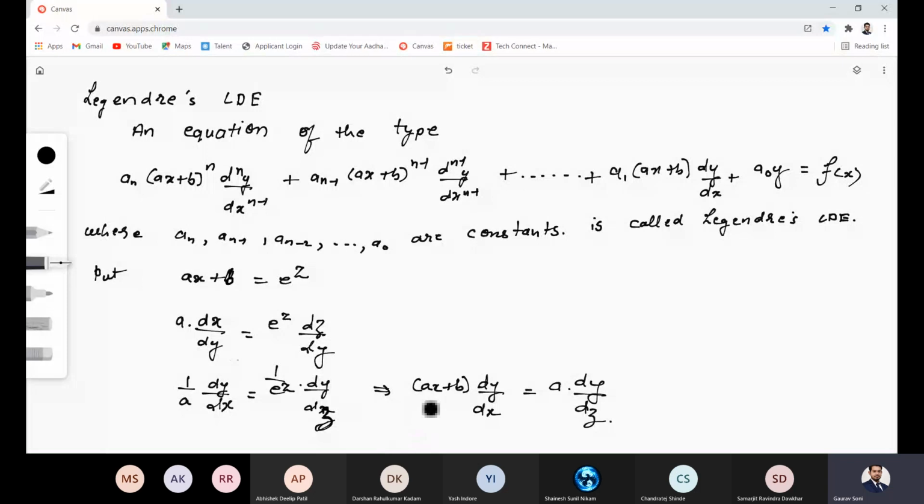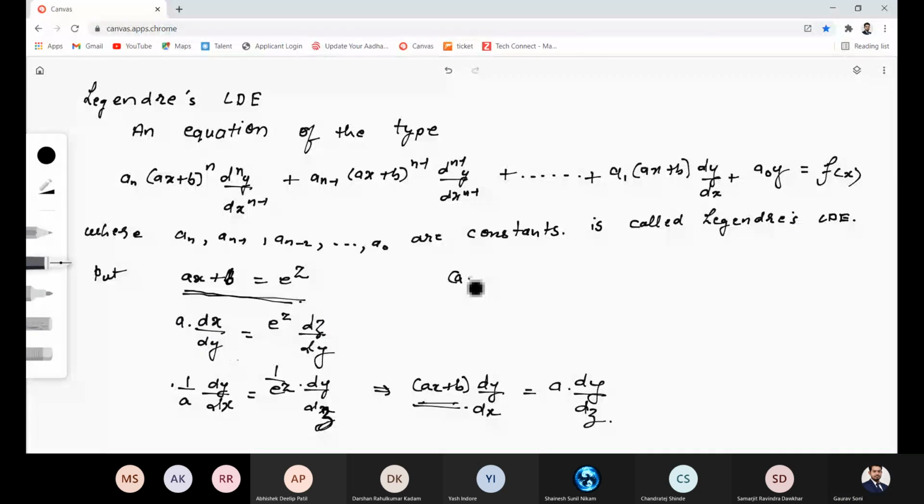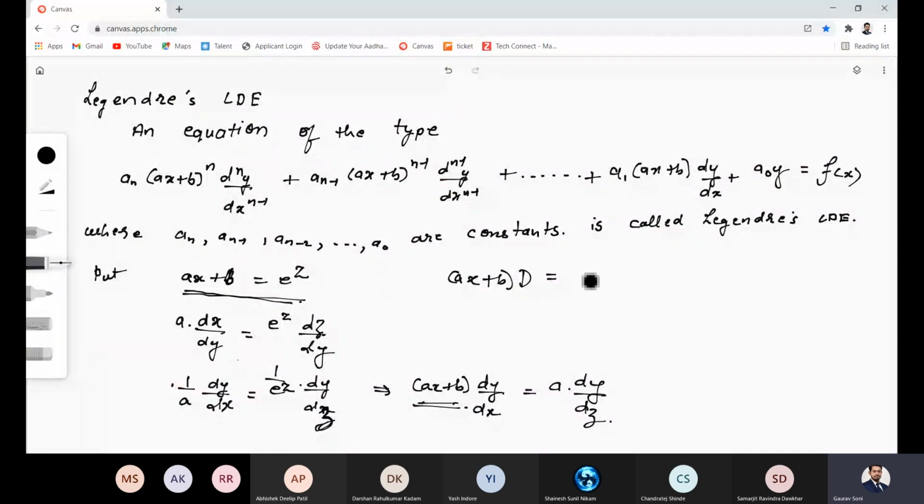I hope this is clear. ax plus b, so e to the power z goes on the other side, and I have resubstituted the value of e raised to z. So in this case, (ax plus b) into D is replaced by simply a into D. Am I clear, or is there any doubt? So in Legendre, this a will create a problem. Again, a point where you can make some silly mistakes: when you have (ax plus b) raised to n, you have to consider this a.